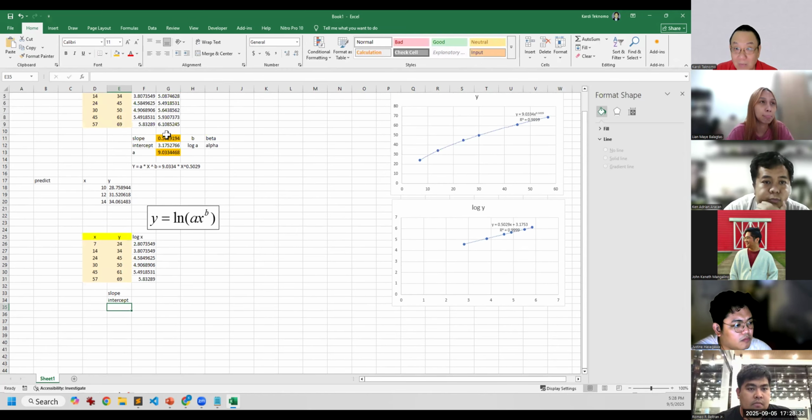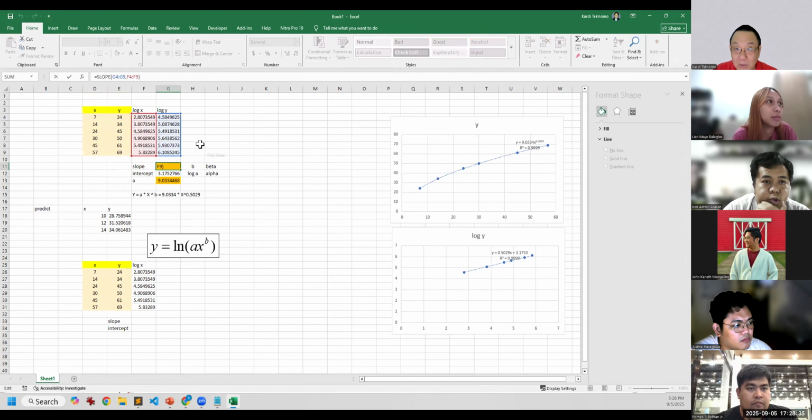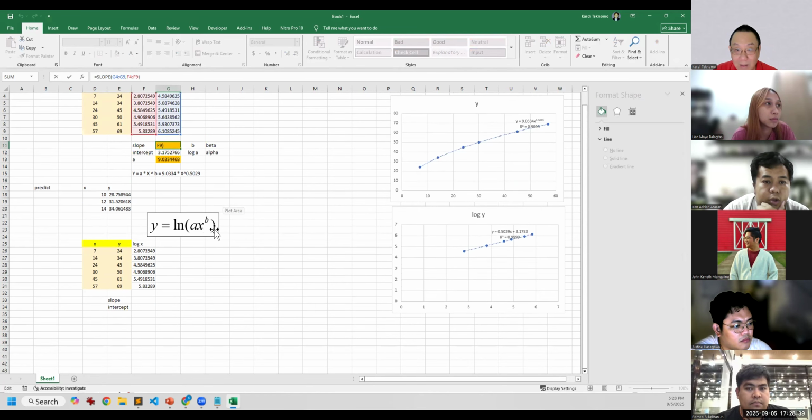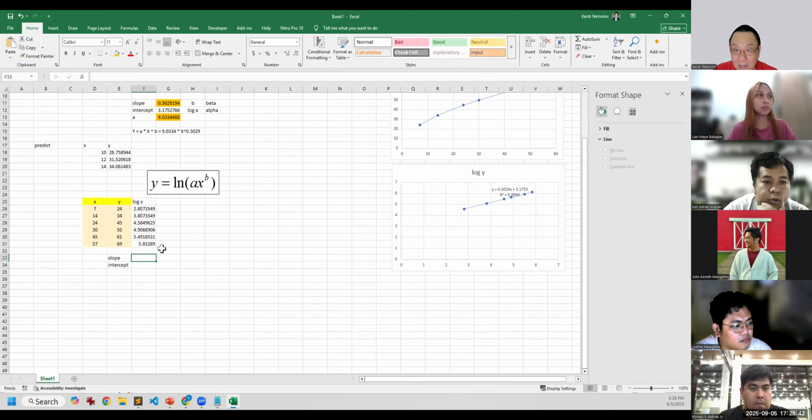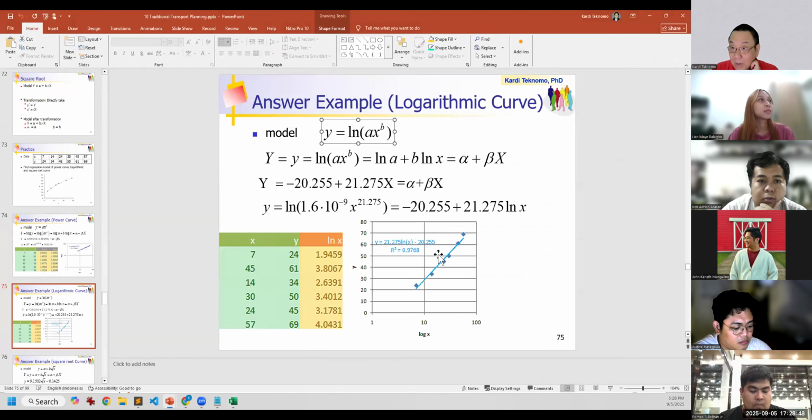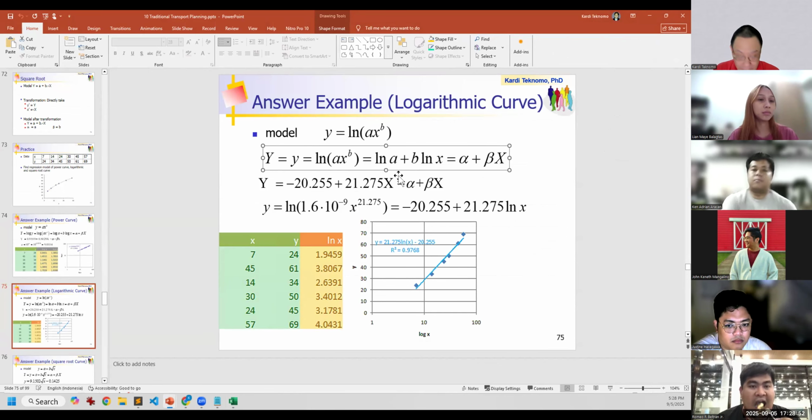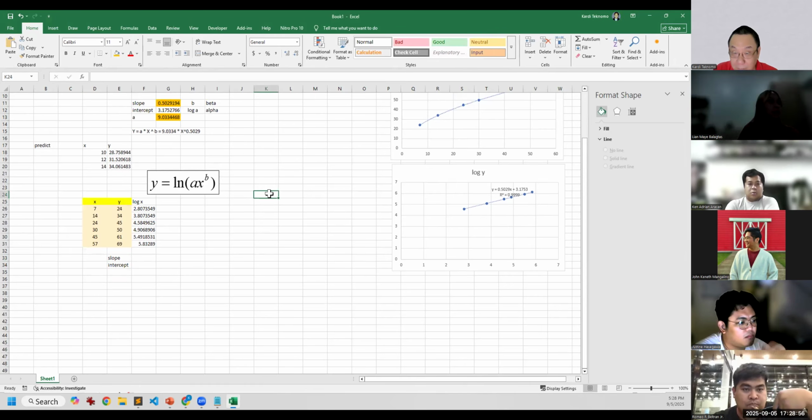In the power model above, when we computed slope and intercept, we used log X and log Y. But here we don't do that. So depending on the model transformation, just copy this and put it here.